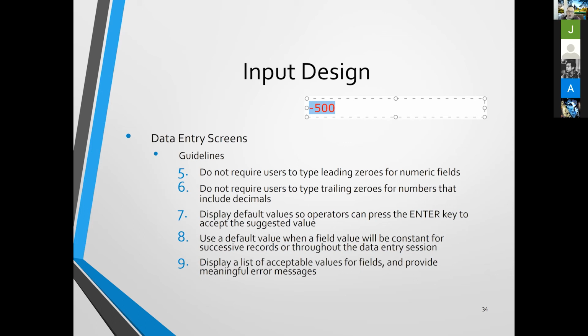If the customer enters negative 500, you just show the 500 in red and tell the users that this is a negative value, it's not allowed, or you might say you can't withdraw a negative amount of money. You have to provide a meaningful error message to the users so that they know what they do wrong.